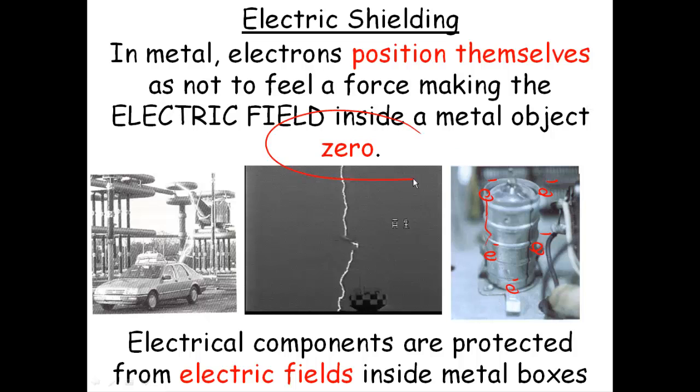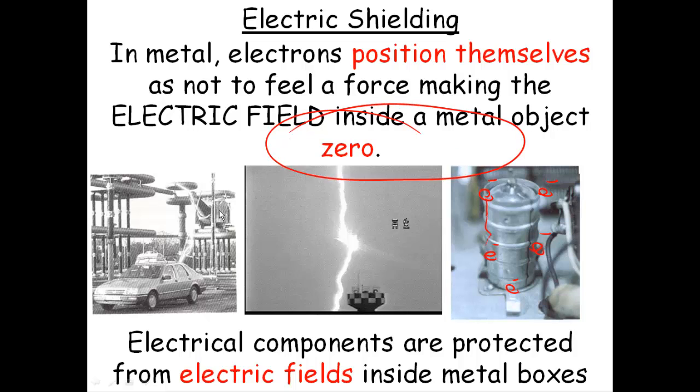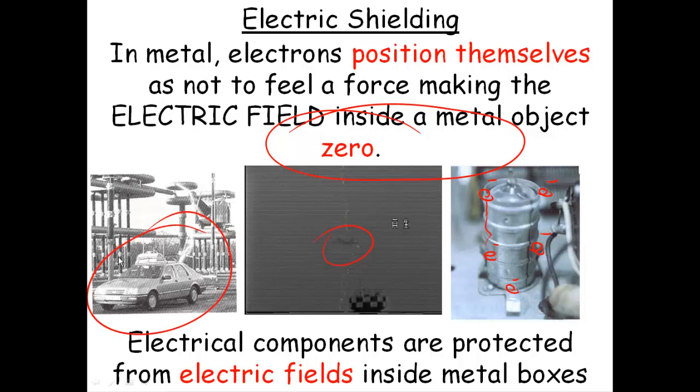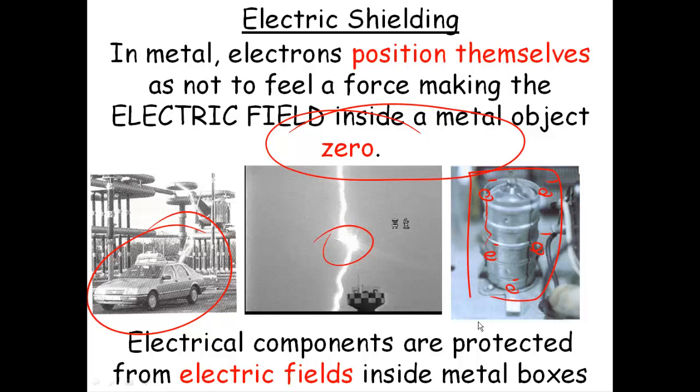So the field inside any hollow metal object is zero. This is why these passengers are safe within this plane. This is why your car is the safest place in an electrical storm. This is why we encase electrical components inside some type of metal container, because it protects them from getting fried.